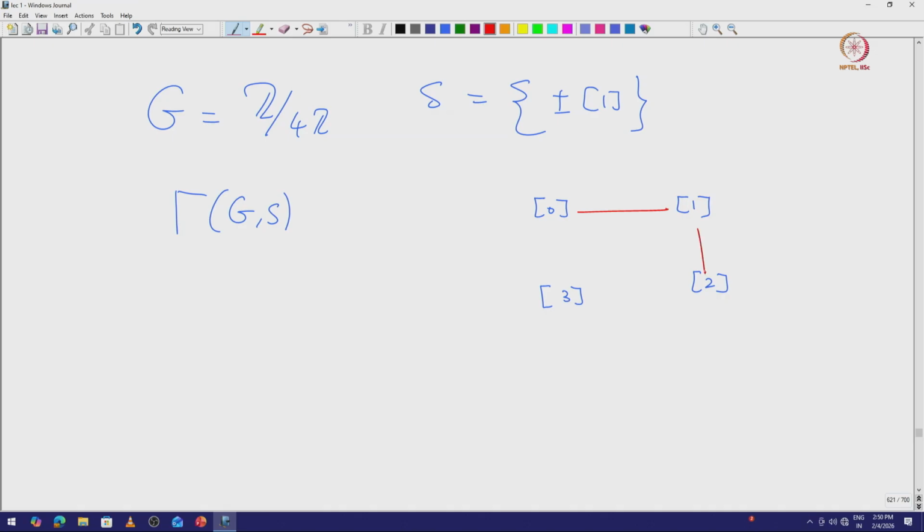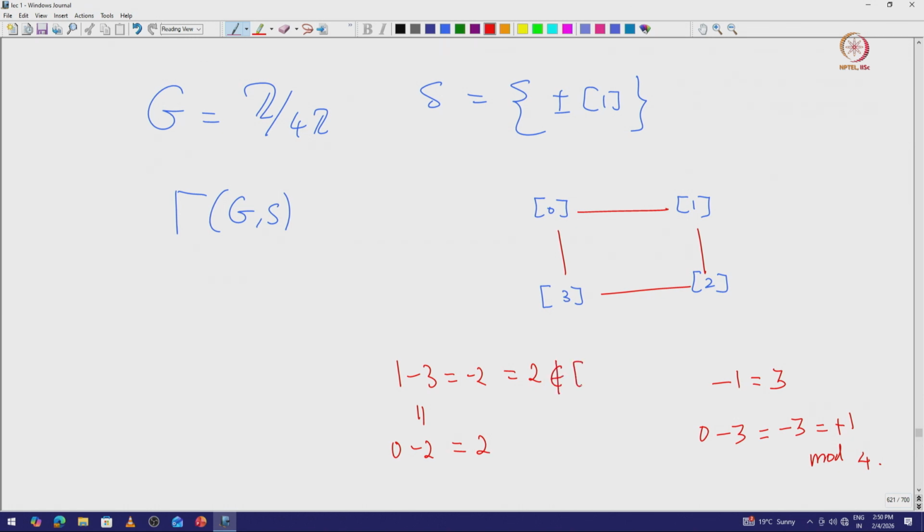Between 1 and 2 there is an edge, because 2 minus 1 is 1, or 1 minus 2 is minus 1. Similarly 3 minus 2, and similarly between 0 and 3, because minus 1 is the same as 3, so 0 minus 3 is minus 3, which is plus 1 modulo 4. And we cannot have anything between 0 and 2, or 1 and 3, because 1 minus 3 is minus 2, which is plus 2, the same as 0 minus 2, which is not in plus or minus 1.